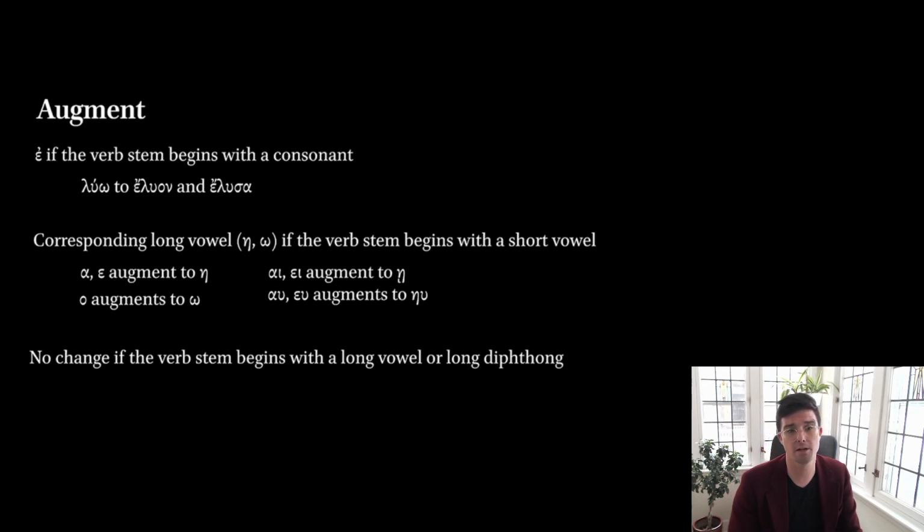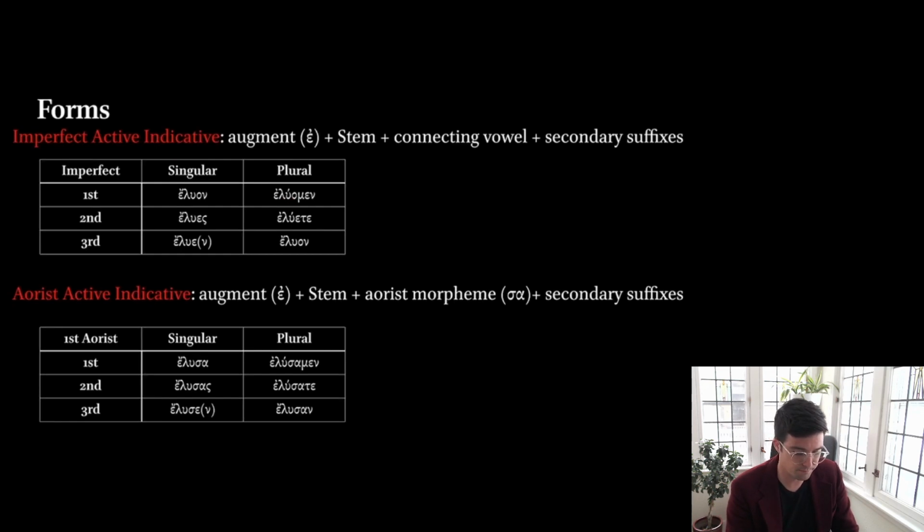And you'll see this particularly when the verb stem begins with a long vowel, like eta or omega, or a long diphthong. This is sort of the trickiest augment insofar as the verb stem is not going to look any different from what it looks like in the present tense. And you'll have to recognize the imperfect or the aorist from other things inside the verb itself, from the saw or from the endings of the verb.